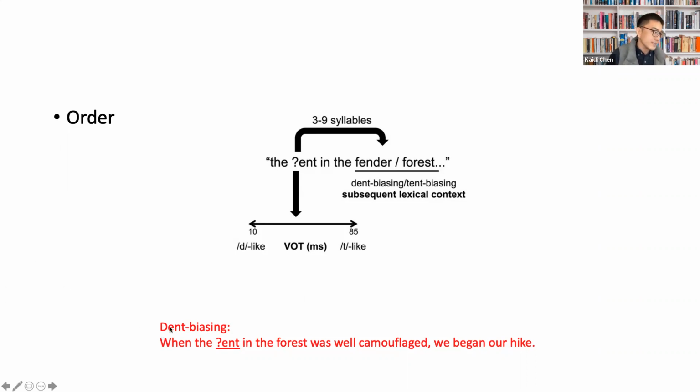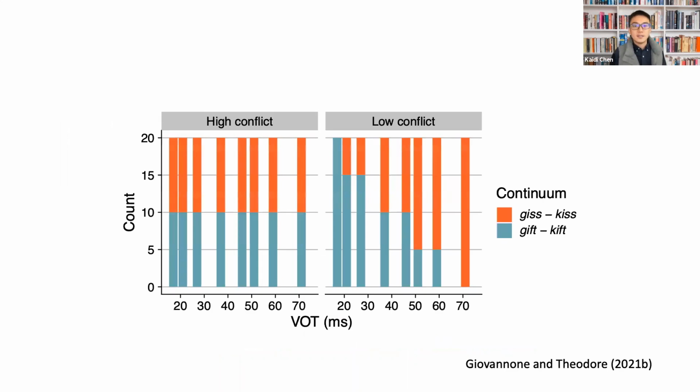So here is their example of dent biasing. When in the forest was well camouflaged, we began our hike. So it's after, and it could be the case that their pattern just reflected post-perceptual decision-making or strategy rather than a dynamic integration of phonetic and lexical information for speech perception.